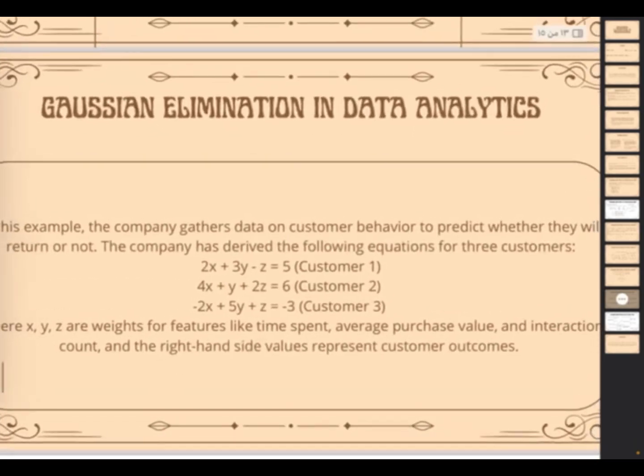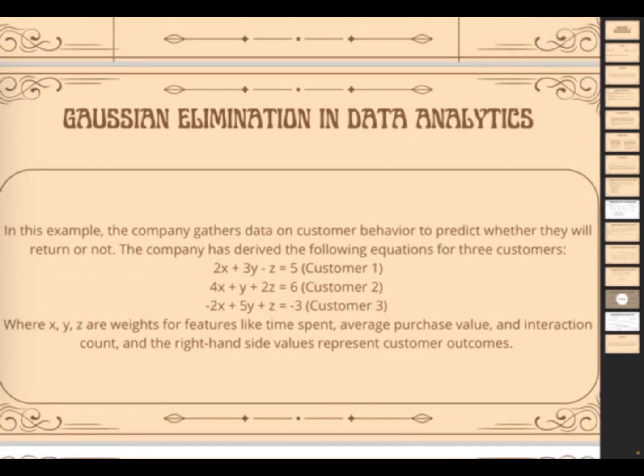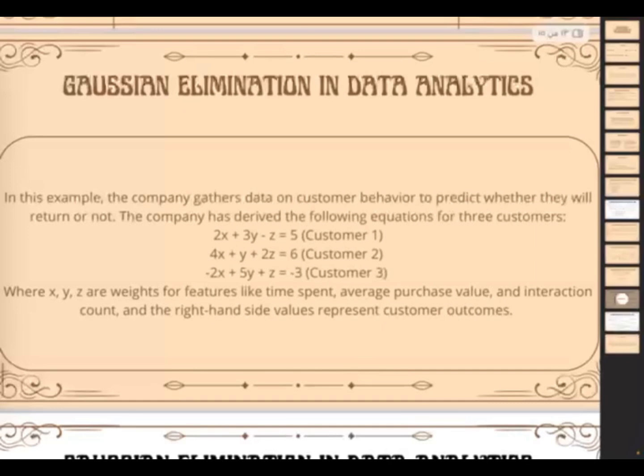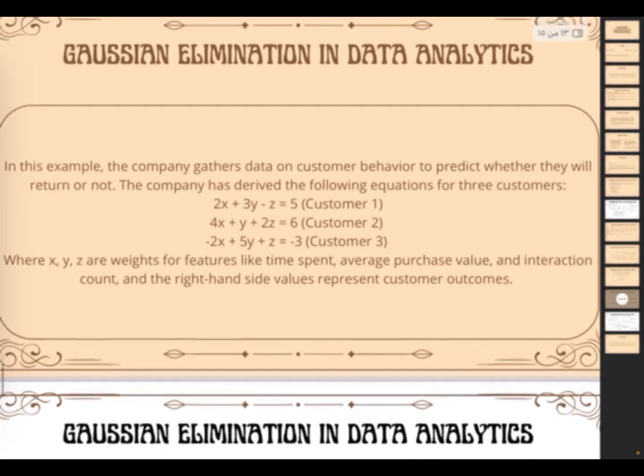In this example, the company gathers data about customer behavior to predict whether they will return or not. The company has derived the following equations for three customers. Okay, and the variables here, x, y, and z, are weights for features like time, average purchase value, and interaction count.